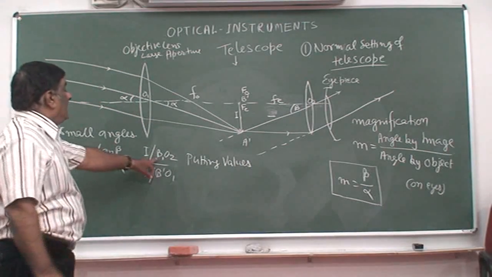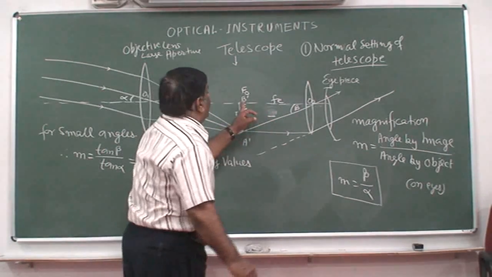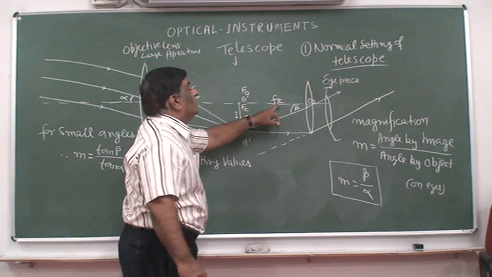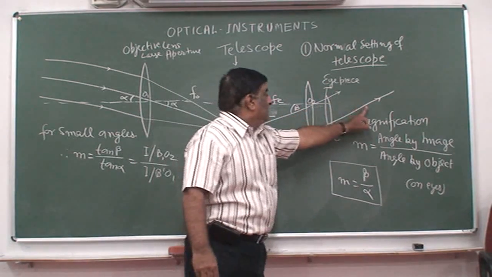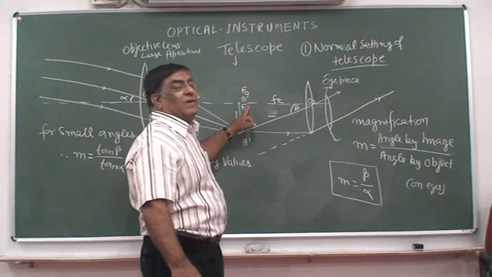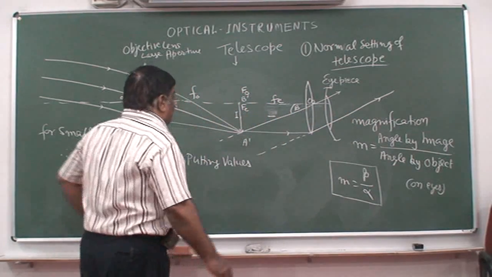Putting values, B dash O2 is equal to focal length. But the positive focal length is on this side, so this focal length will be negative when we place the value.